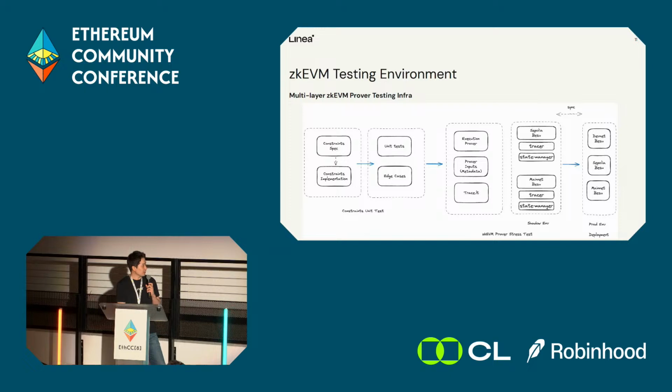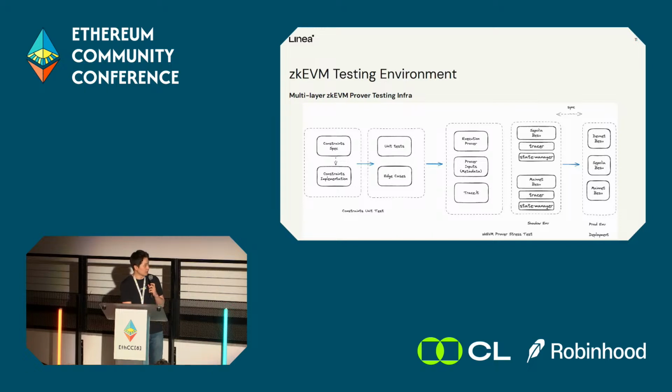We have a multi-layer testing infrastructure. I simplified it to 3 layers. The first one is about how we test constraints. We have this constraint unit test phase. Here we only focus on implementing constraints based on our constraint spec, and we write unit tests, especially focusing on covering edge cases.